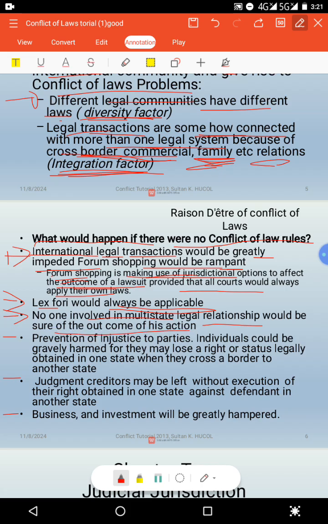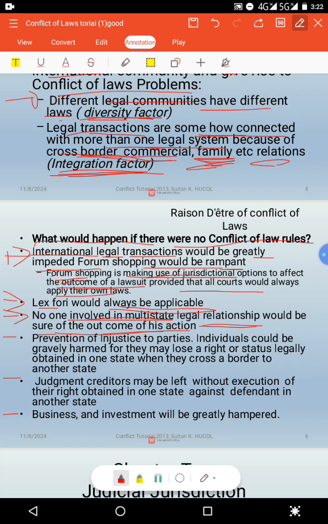If I made a transaction with a person from Kenya, or France, or Russia, I may not know the outcome of my actions if there is any error that leads us to litigation. So no one involved in a multi-state legal relationship would be sure of the outcome of his action. This is the main point.